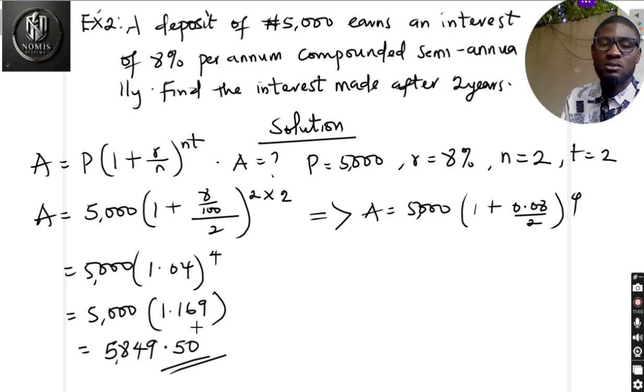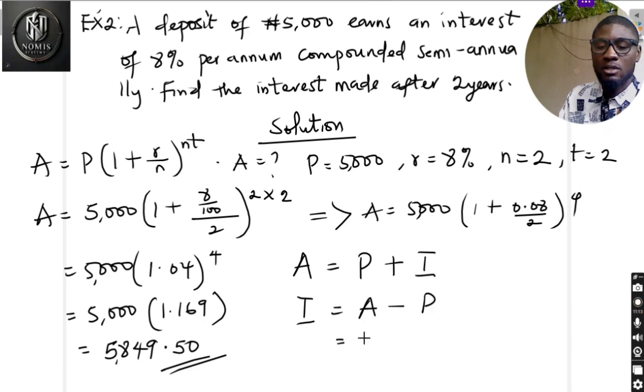Now let's calculate our compound interest. Remember that the amount A is equal to principal plus interest. Now that we are looking for the interest, it is equal to A minus the principal. So the A we got was 5849.50, minus the principal that we started with, which was 5000.